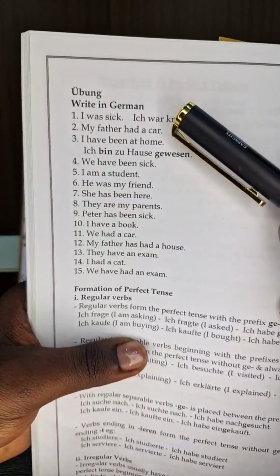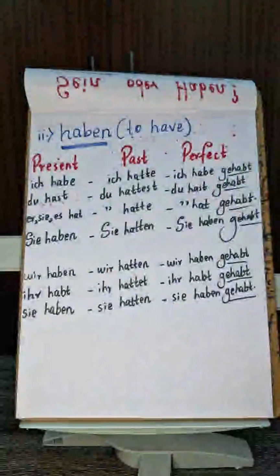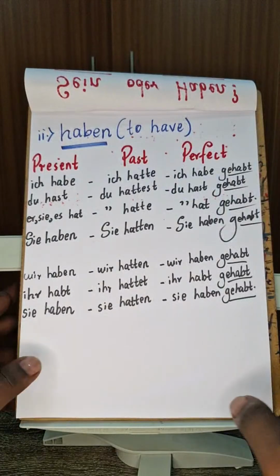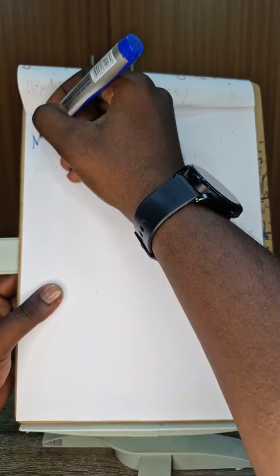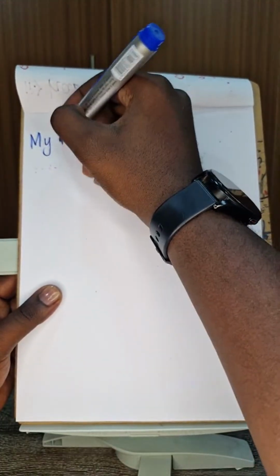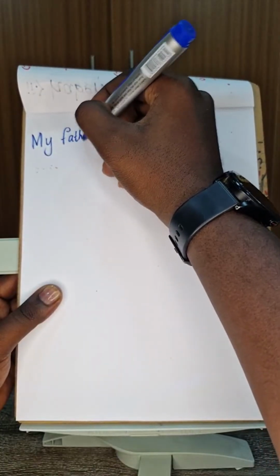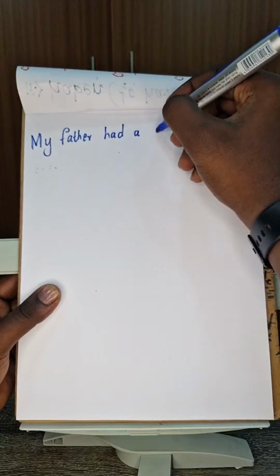Now, how about to say, my father had a car? How would you say that? Remember it's in the past. Feel free to also attempt in the comment section.